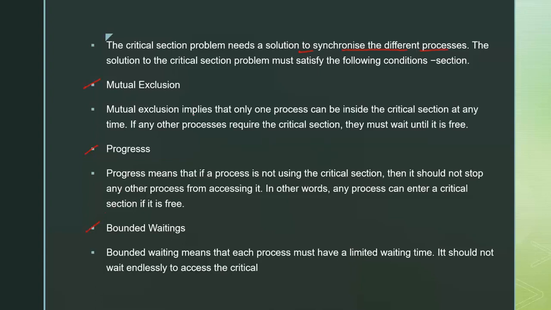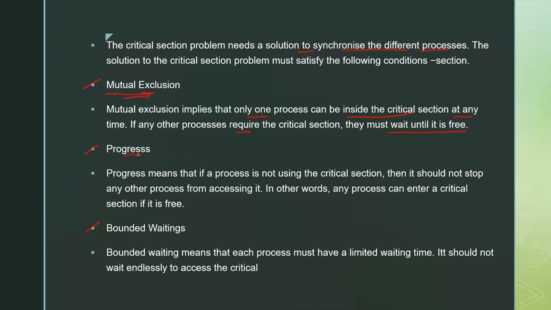What is mutual exclusion? Mutual exclusion means only one process can be inside the critical section at a time, and any other process that requires the critical section must wait until it is free. If one process is in the critical section, the other process will go to waiting state.